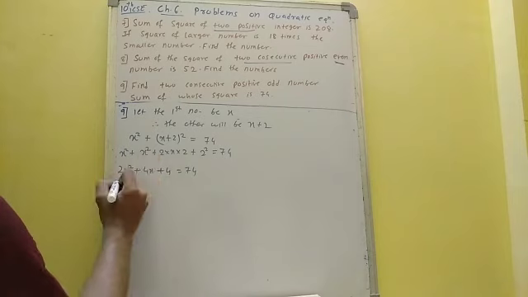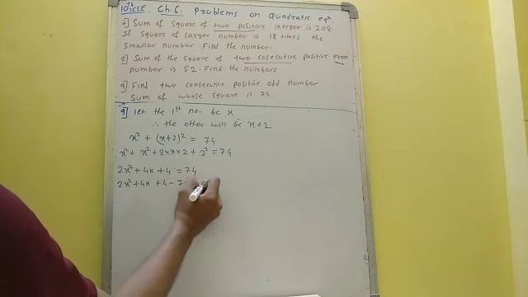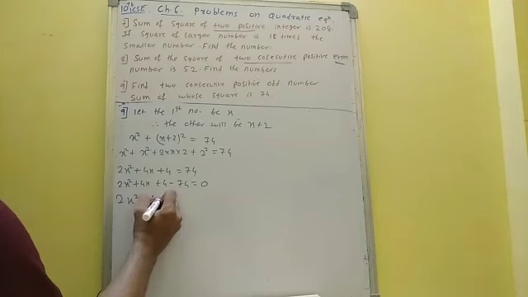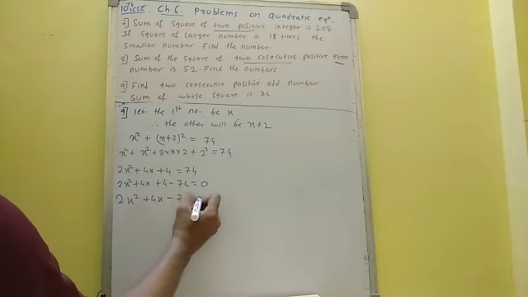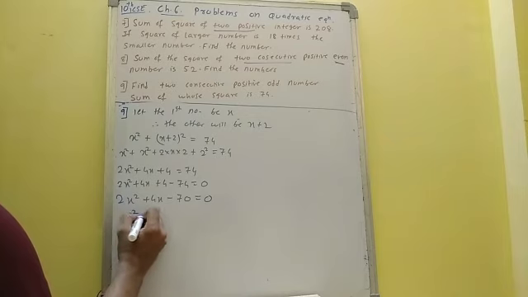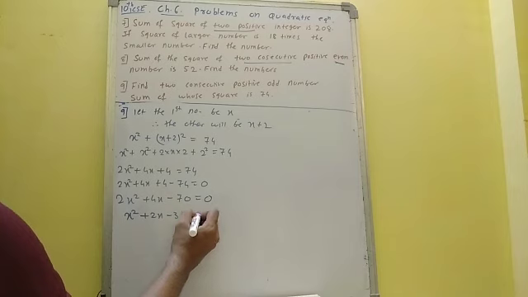So 2x square plus 4x plus 4 minus 74 is equal to 0. 2x square plus 4x minus 70 is equal to 0. Now we can divide it by 2. So we will get x square plus 2x minus 35 is equal to 0.